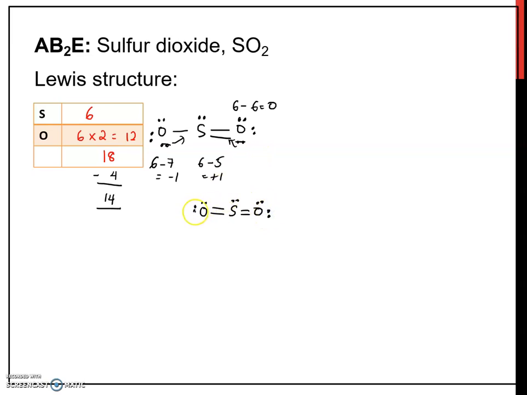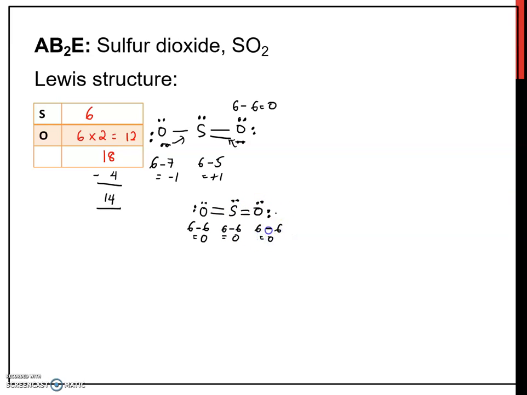Then we check the formal charge. So the first 6 minus 1, 2, 3, 4, 5, 6. Valence electrons minus electrons owned by the atom. Sulfur 6 valence electrons minus 1, 2, 3, 4, 5, 6, 0. This one 6 minus 1, 2, 3, 4, 5, 6.